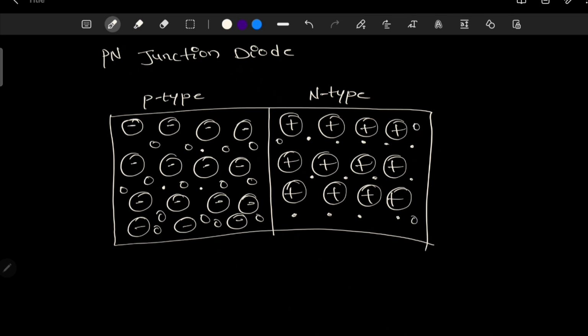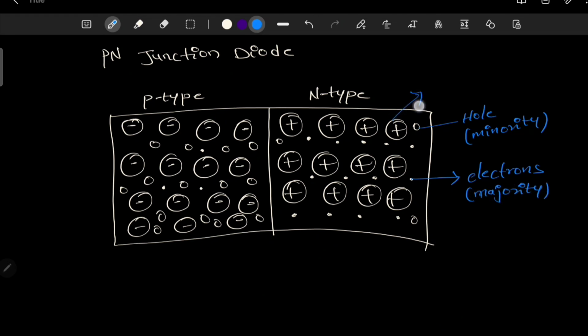Here I will indicate these with some names. So this is a hole, which is a minority charge carrier in the N type. This is the electron, which is the majority in the N type, and these are the positive immobile ions. Positive immobile ions are created by donating one electron.